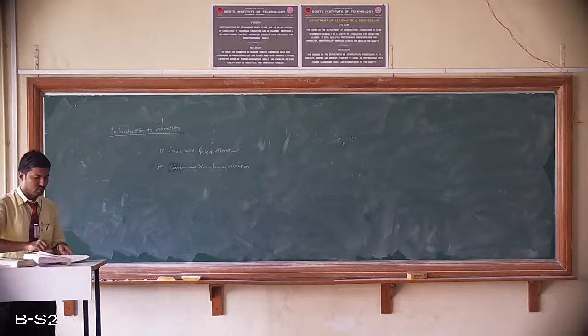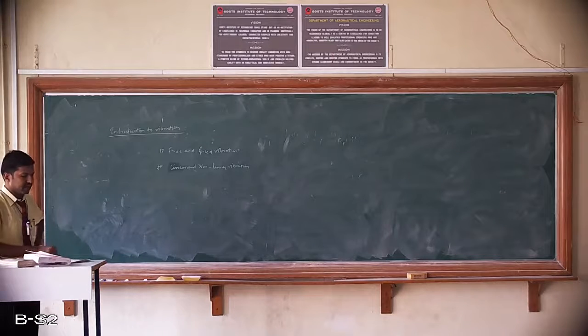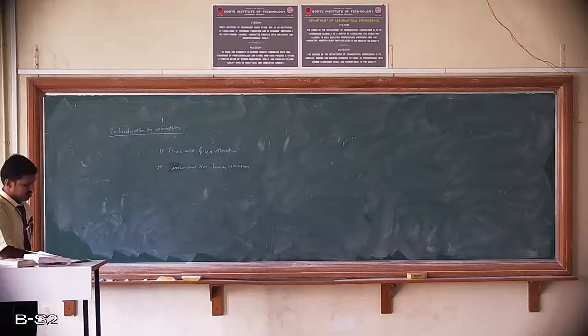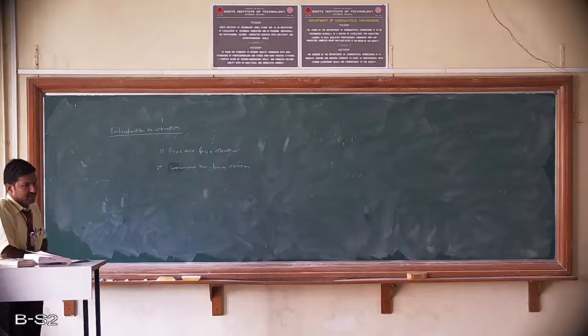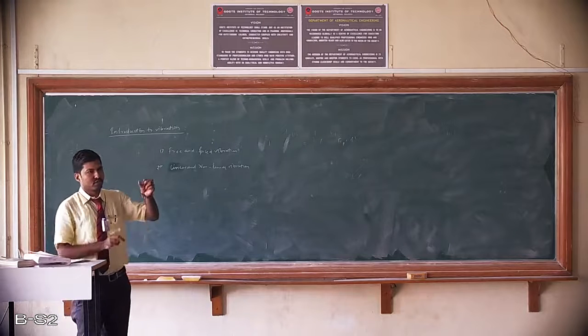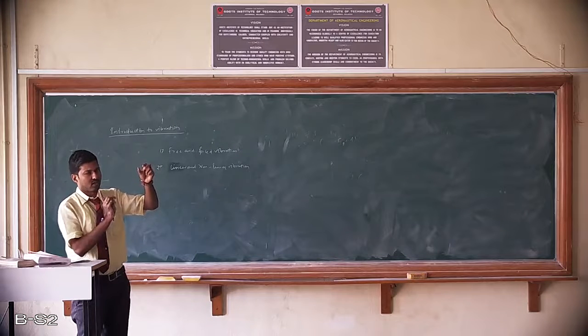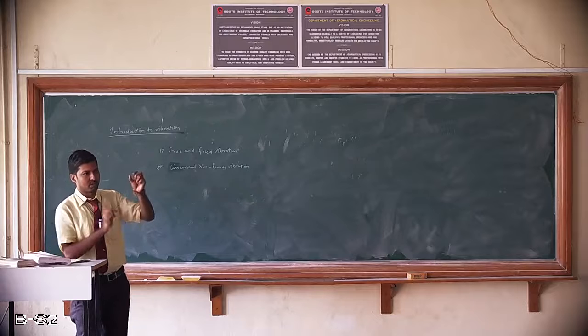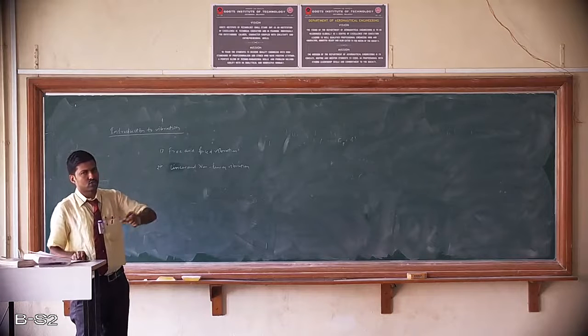First, what is meant by free vibration and what is meant by forced vibration? After disturbing the system, if the external excitation is removed, then the system vibrates on its own. For example, there is a simple pendulum. Initially, if I give the excitation, or if I push the simple pendulum, then it starts to oscillate.